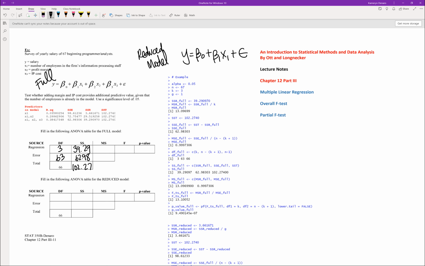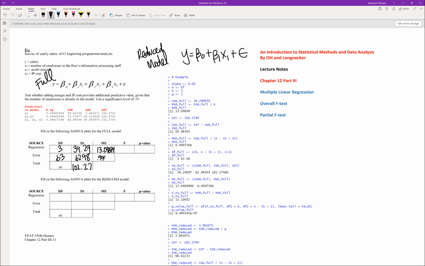Okay, the mean square of regression is going to be our sum of squares regression divided by the respective degrees of freedom. And our mean squared error should be our sum of squares error divided by the respective degrees of freedom. So the mean square for the full model should be 13.09699, right? And then we should get 0.9997.